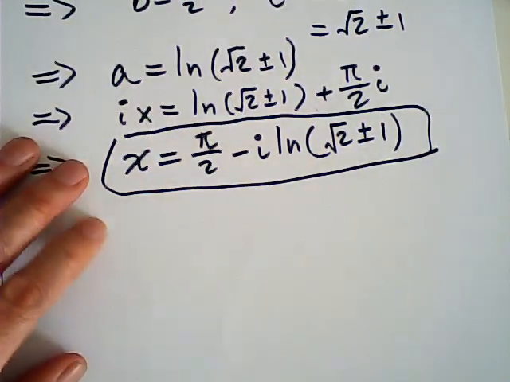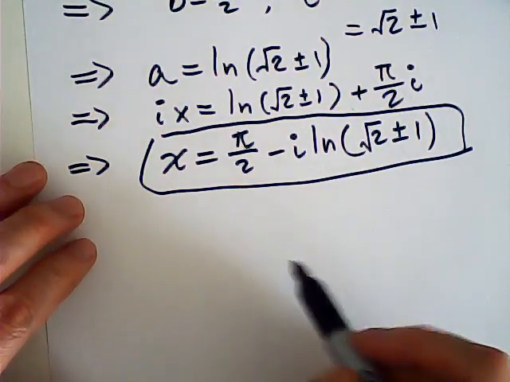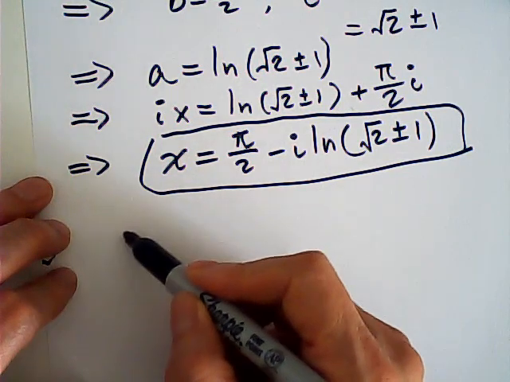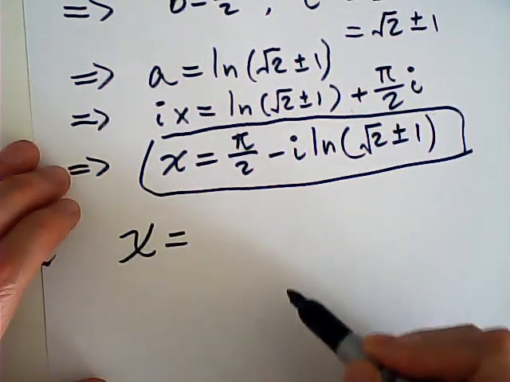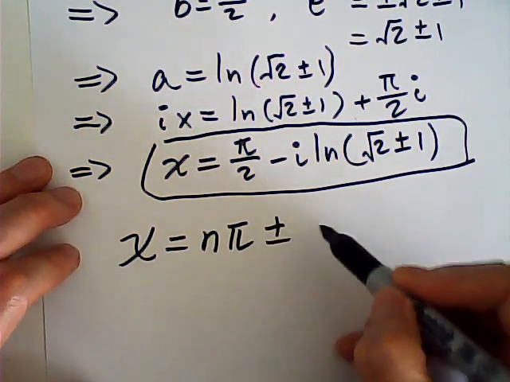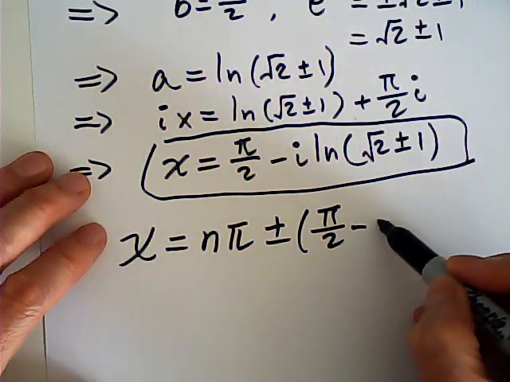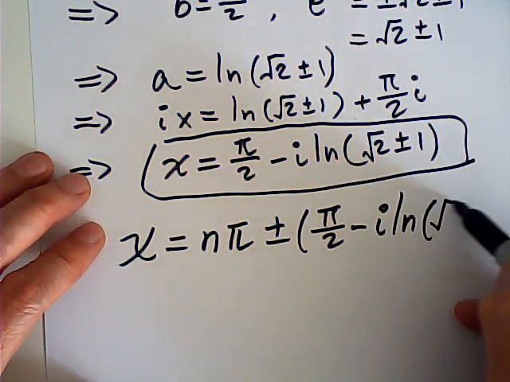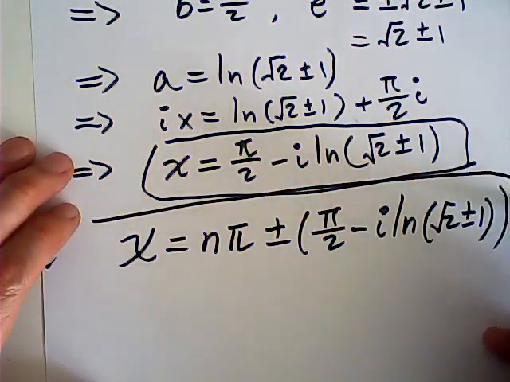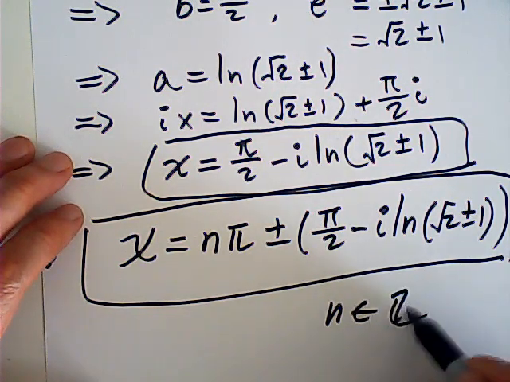So now we have x is equal to n pi, plus or minus half pi minus i natural log of root 2 plus or minus 1. So that is our general solution, and n is an integer.